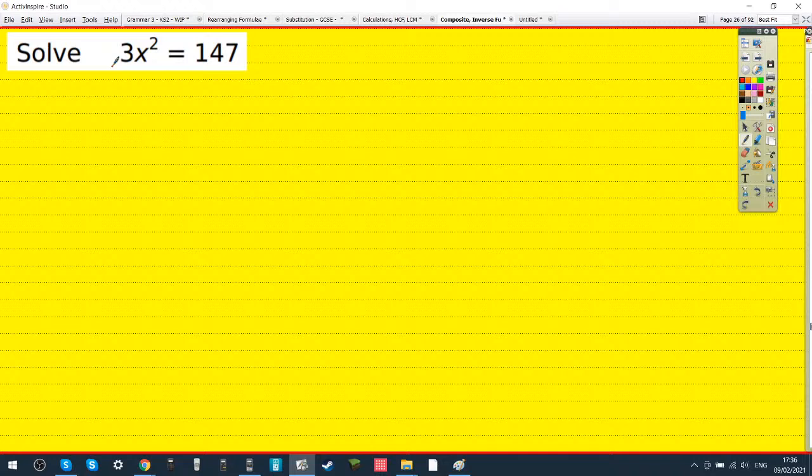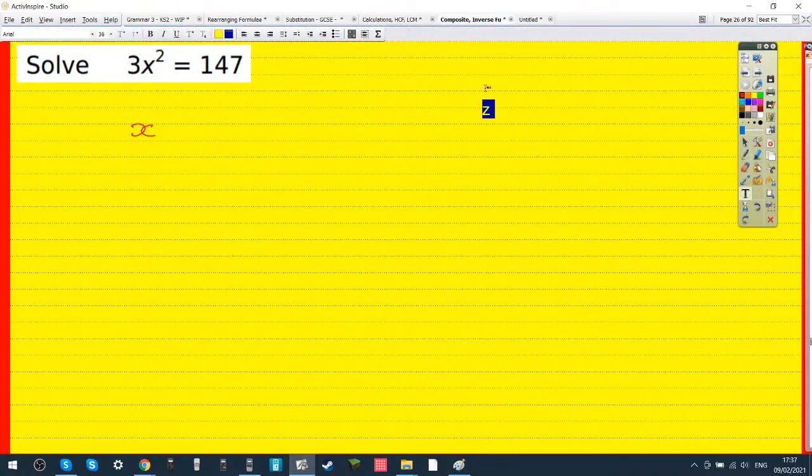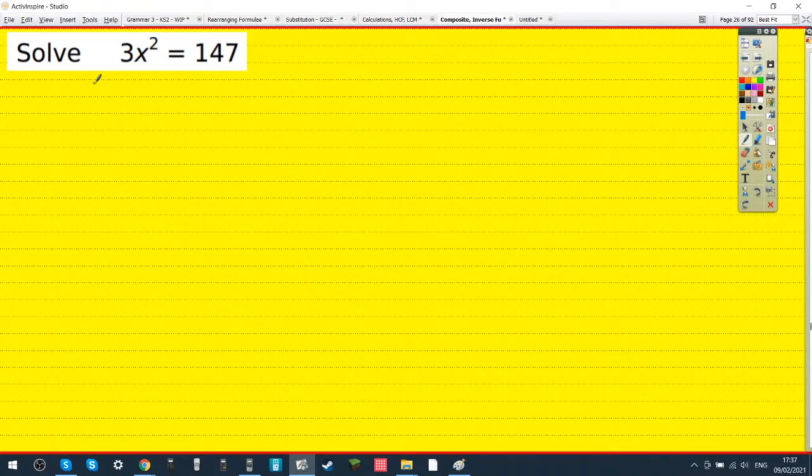So what's the opposite of that? 147 divided by x squared. Well, we want to keep x squared where it is. So divided by 3. Correct. What is that? That is 49. Yep.